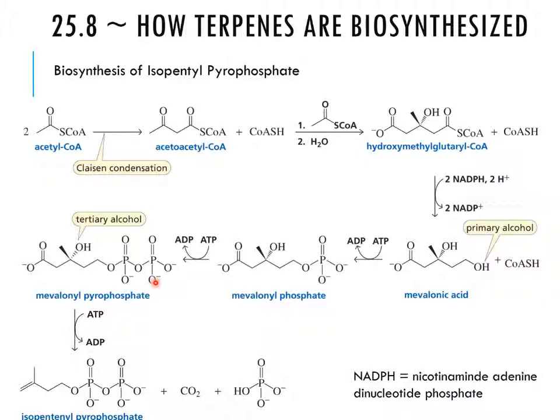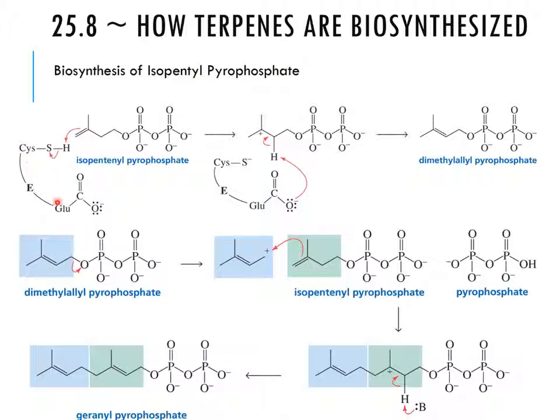And then as the reaction continues, we reduce down our alcohol and our carboxylate group into that basic isoprene unit. So we're going to continue this. So this structure that's down here, this isopentenyl pyrophosphate, is going to be the starting point on our next slide.